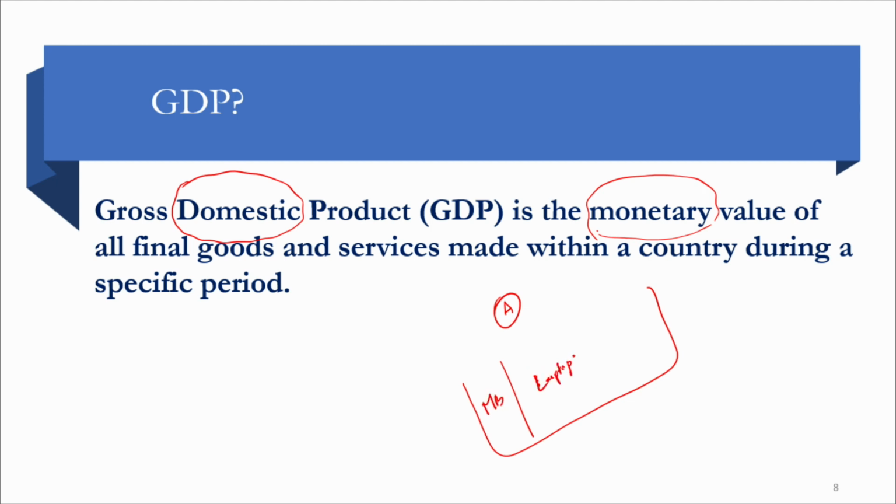Similarly, country B could produce a different basket of goods and services, and could say that my country produces some AK-47s, rocket launchers, some grenades, let's say. So different nations could express their output in different baskets of goods and services.